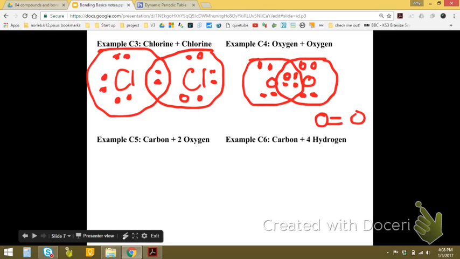Okay, moving on to carbon and oxygen. So we have carbon. Carbon has 4 valence electrons. It is going to form 2 double bonds with 2 different oxygen molecules.